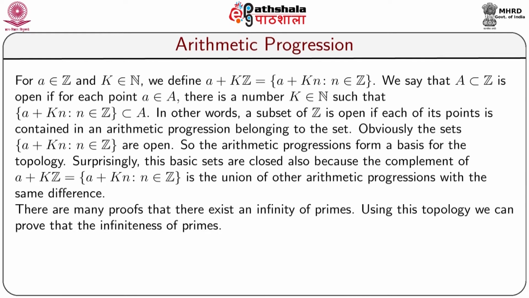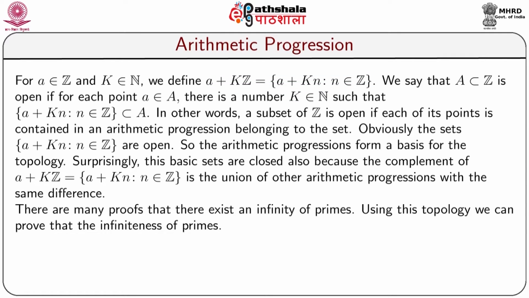Using this, we can give a topological proof of the famous fact that the set of prime numbers is infinite. Let us first consider, for a belonging to ℤ and k being a positive integer, let us define a + kℤ to be the collection of all those points a + kn such that n belongs to ℤ.